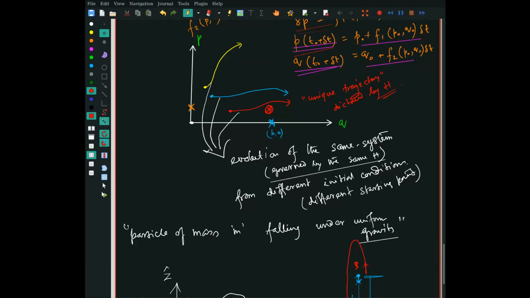Of course, I have done it for one dimension, because only then can you draw these coordinates. For n dimensions, the phase space is 2n dimensional, and all of this goes inside your head, because you cannot draw a 2n dimensional coordinate system.